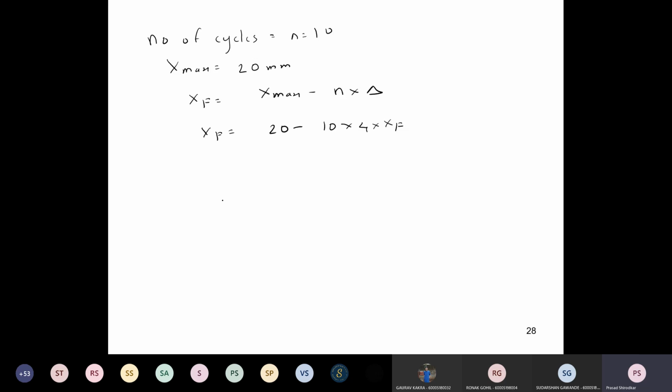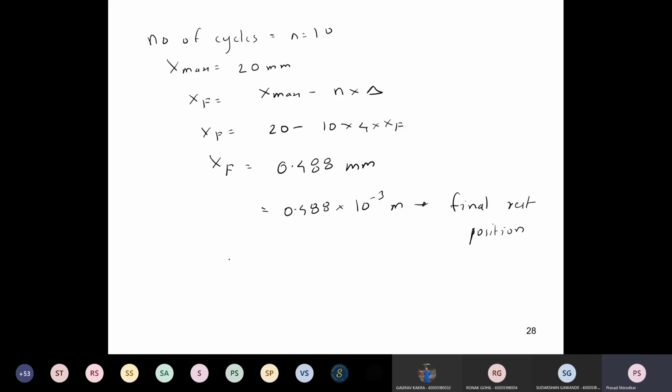Now bring everything to one side. That gives me xf equal to 0.488 millimeters, or 0.488 into 10 raised to minus 3 meters. So this is the final rest position.